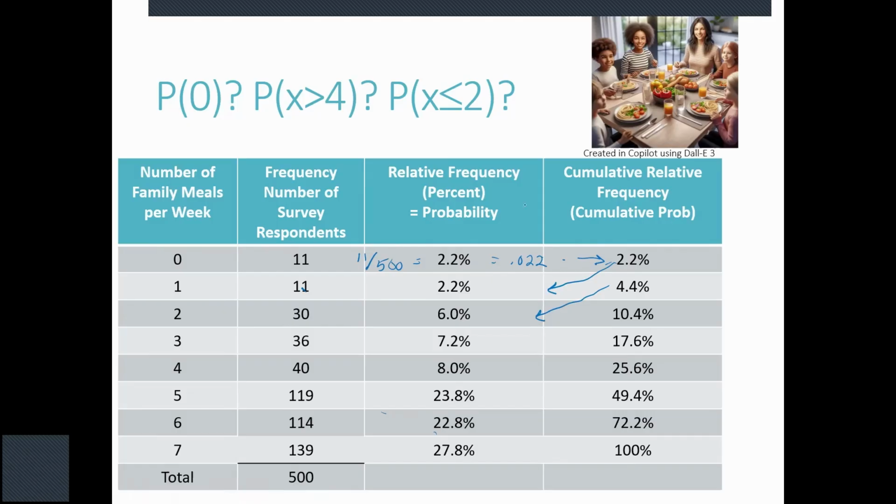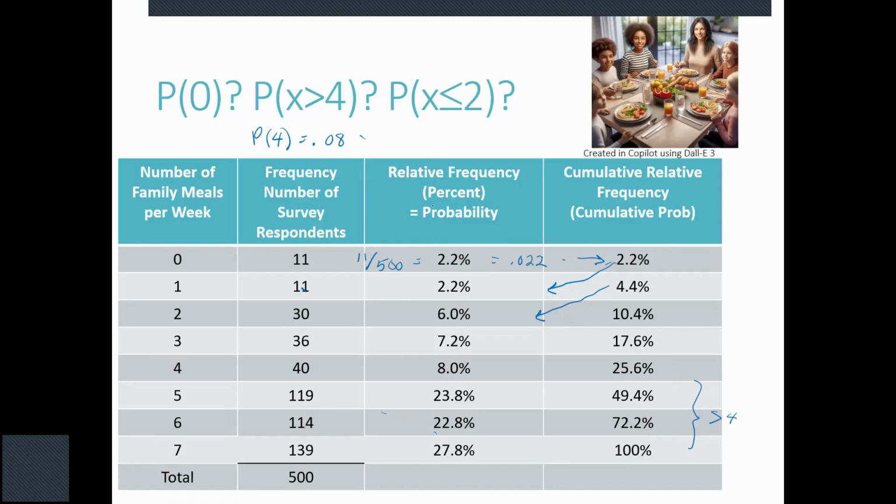So we could say the probability of 4 is equal to 0.08, or 8%. The probability of greater than 4, notice that's strictly greater, so it doesn't include 4. Well, everything up to 4 is 25.6%.